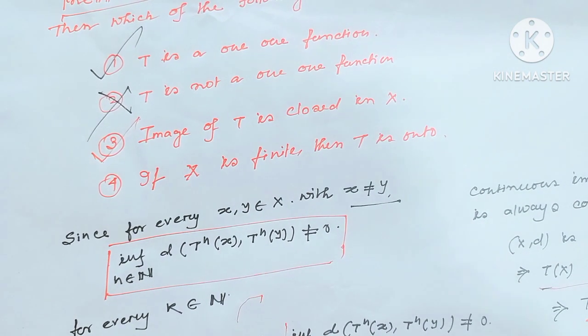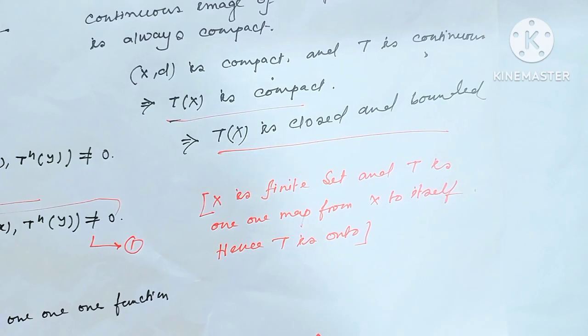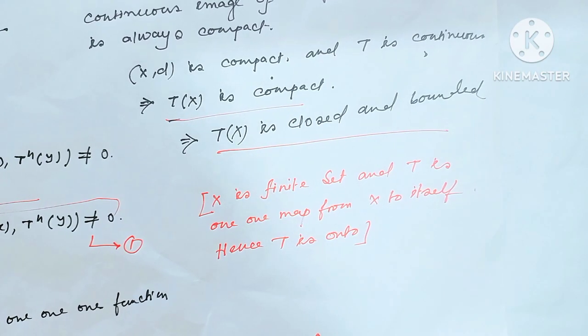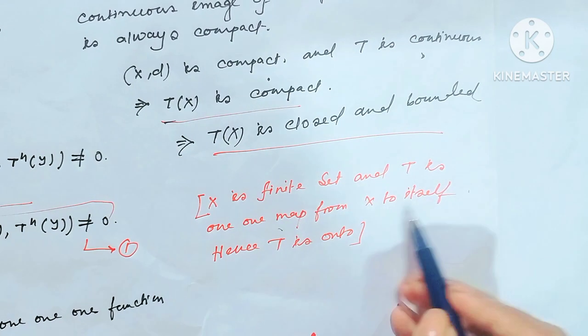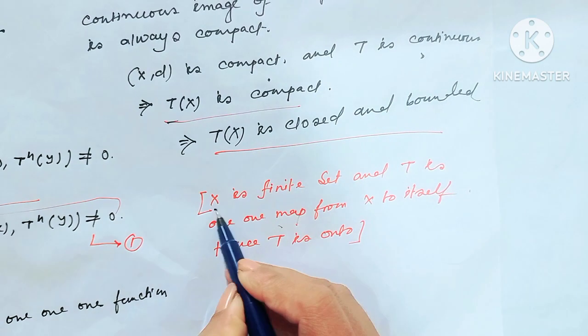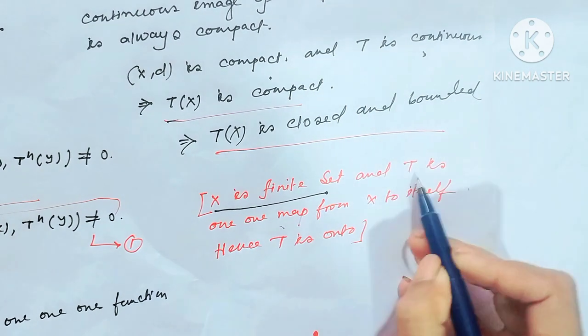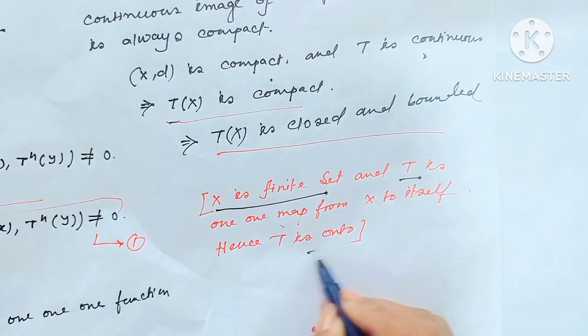Option 4 says if X is finite, then T is onto. If X is a finite set, and T is a 1-1 map from X to itself, then, since the given set X is finite and T is 1-1, obviously T is onto.